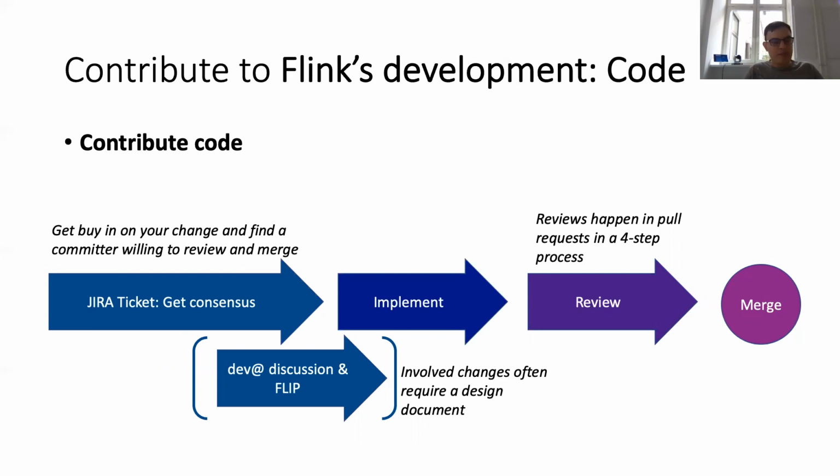The first and most important step in a contribution is to open a Jira ticket to get consensus and buy-in from the committers. So if you found a bug or if you want to contribute a feature, open a Jira ticket, describe the bug or describe what changes you're planning to do.